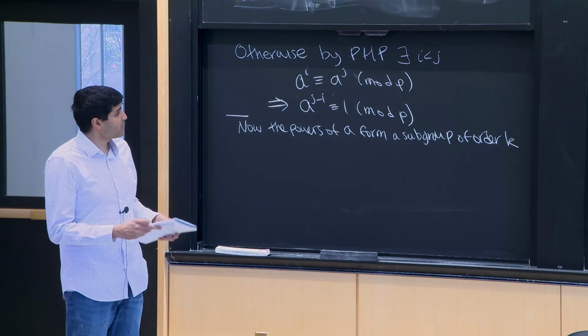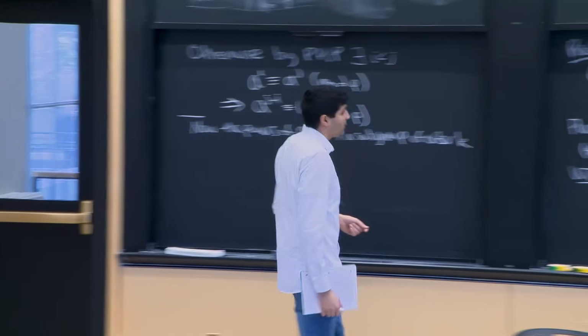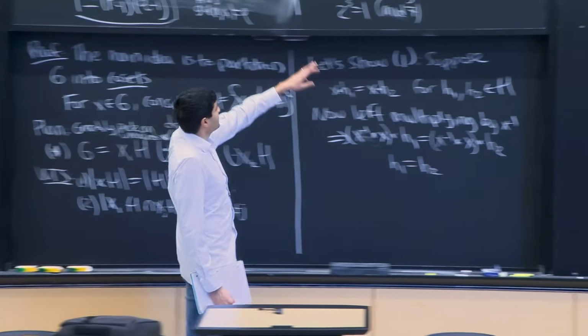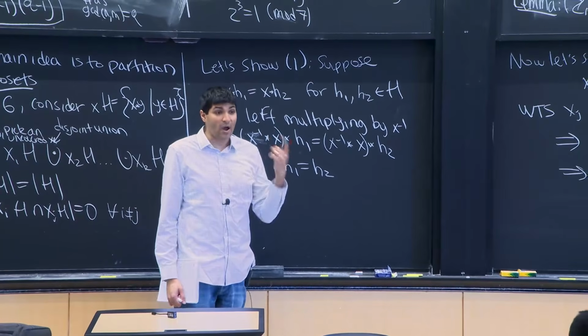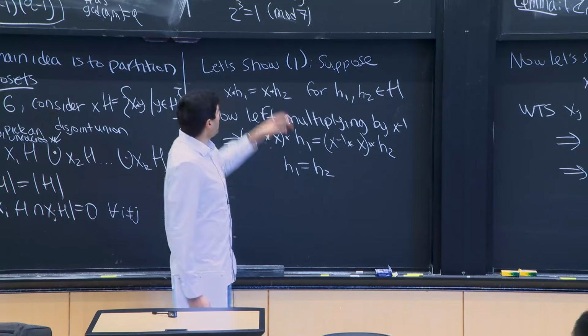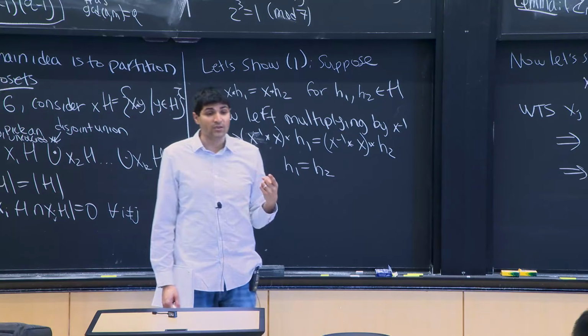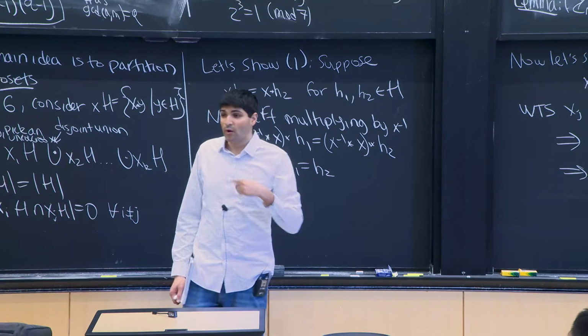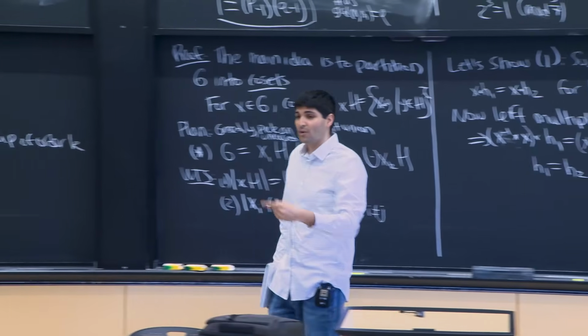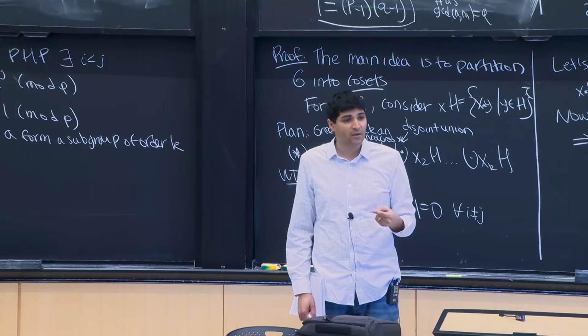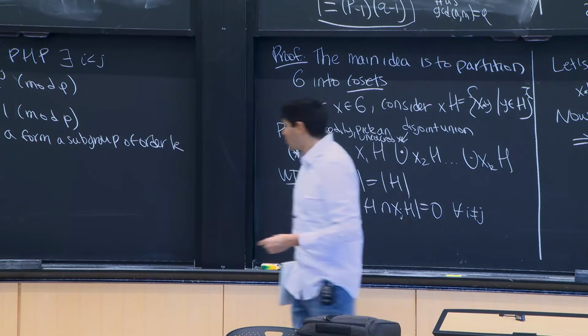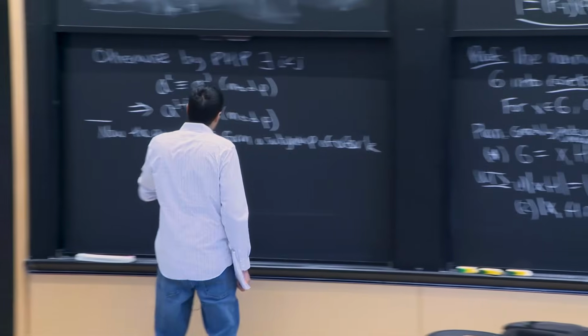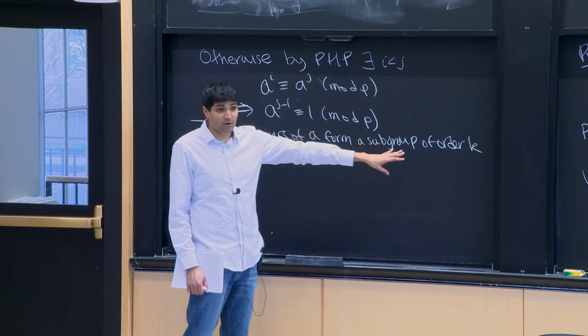It was the same way when I did that numerical example up here. I had a subgroup that was generated by powers of 2. Now I have a subgroup that's generated by powers of a. And my order is just the first time that I return back to the identity element. That's what k is. So I have a subgroup, which is the powers of a, and it has order k.